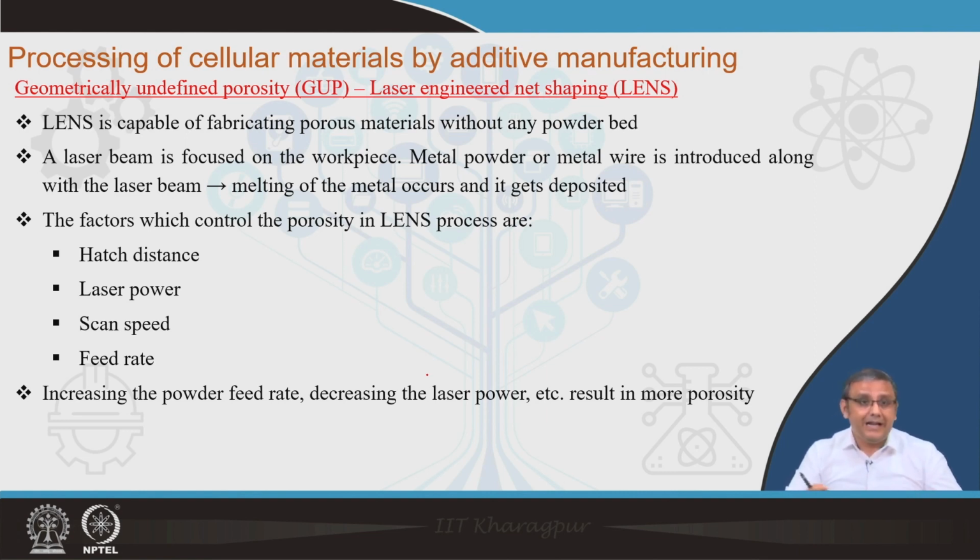That means, be it a biomedical application or filtration, these are intended pores which give the final material its intended functionality. However, these GUP pores are often not planned, and we always aim to reduce them, because their presence will render the component weak.